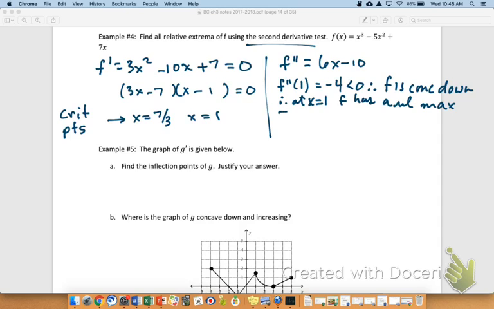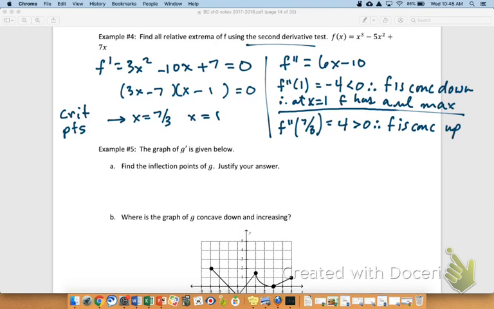So then I would also say f double prime of 7/3 could be calculated as well. What would that be? 14 minus 10, so it's 4. So therefore, f is concave what?